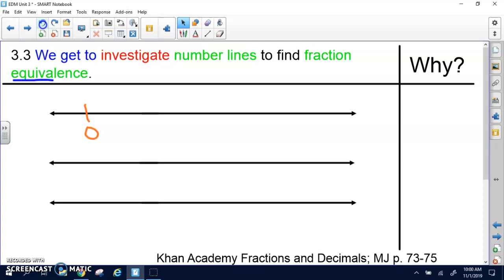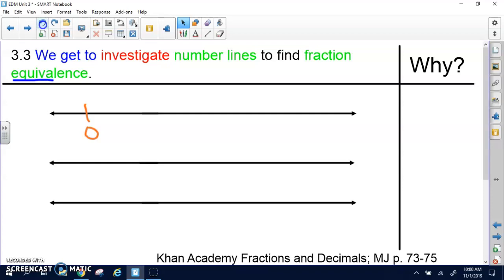Once you get this idea, how many sixths equal 1/2? Yes, 3 of the 6. And I know this because it's the same height. Once you get those 3 ideas, I really feel like you have almost everything you need to know about what a fraction is. So you can also look at it this way.